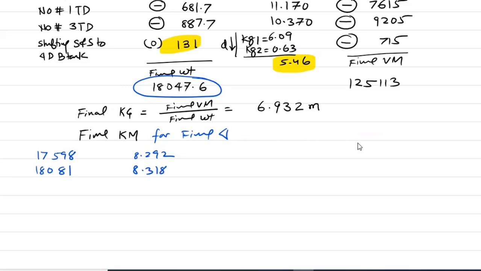Nowadays with Excel, interpolation hardly takes any time, not more than a minute.